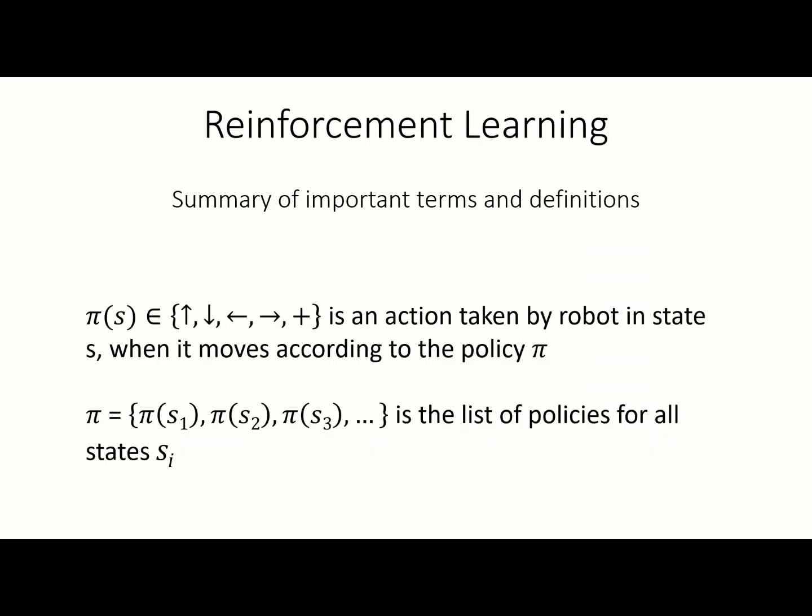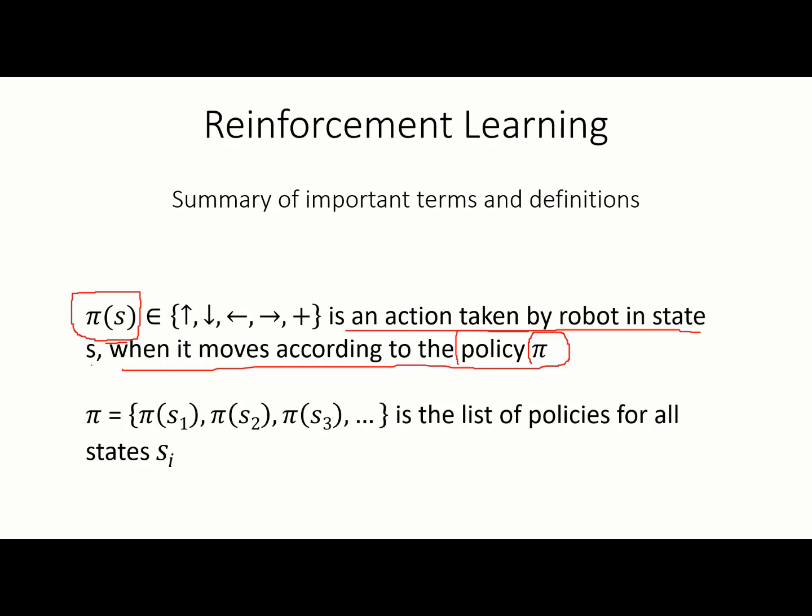We define pi(S) as an action taken by a robot in a state S where it moves according to some policy pi. So while A(S) in the previous slide was any action that a robot could take, pi(S) specifies an action which is basically dictated by some policy.